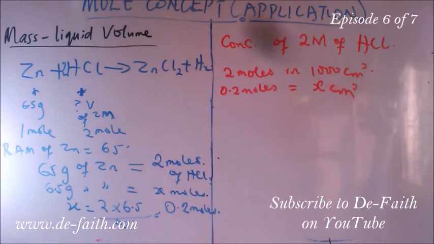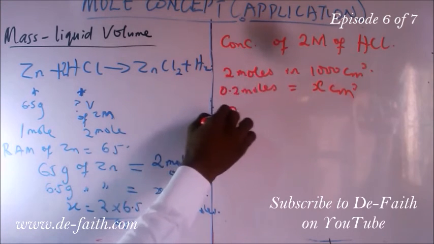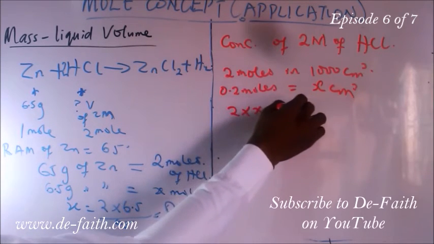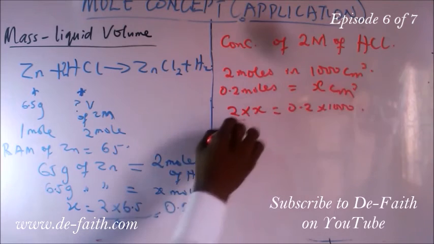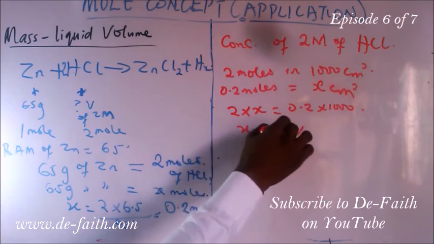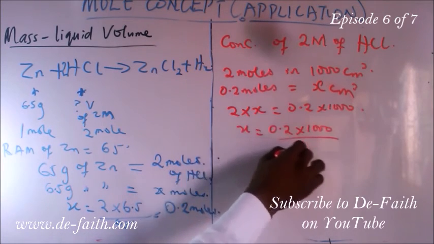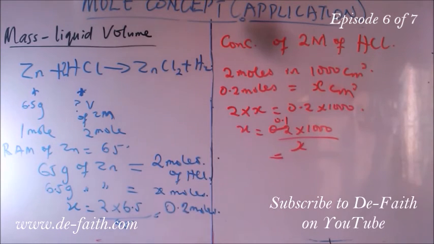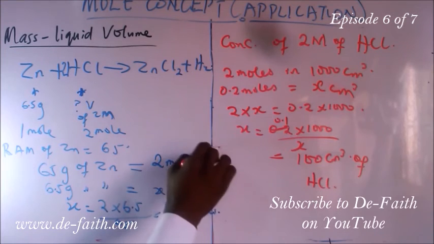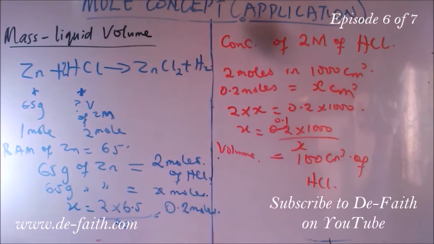It is this volume that we are looking for. So 2 multiplies x equals 0.2 times 1000, so x equals 0.2 times 1000 over 2, and we have 100 cm cubed of hydrochloric acid. This is the volume of hydrochloric acid which will react with 6.5 gram of zinc.